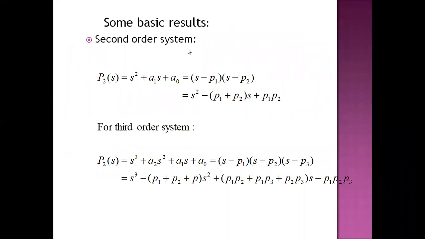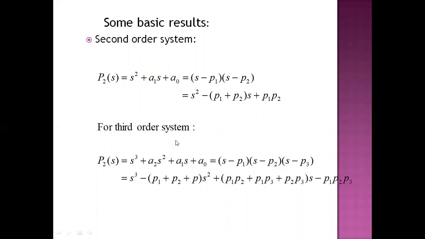So let us consider a second order system. Here the polynomial equation is a quadratic equation. Finding the roots for this, you can see (S minus P1)(S minus P2), where P1 and P2 are poles. These two poles are located in the left half of the S plane, right? So the system with these two poles will be stable.